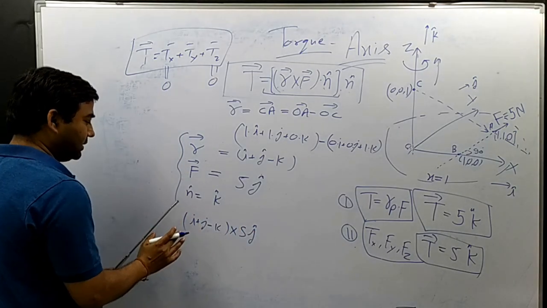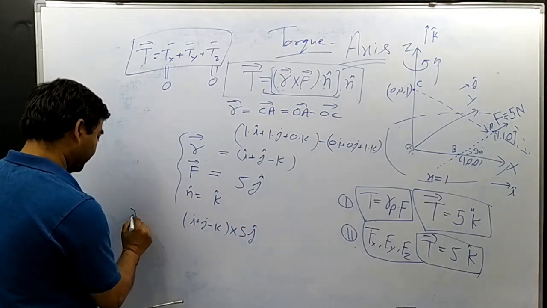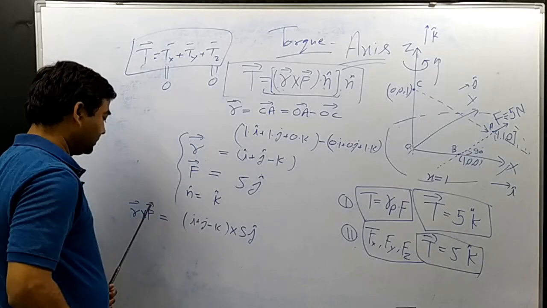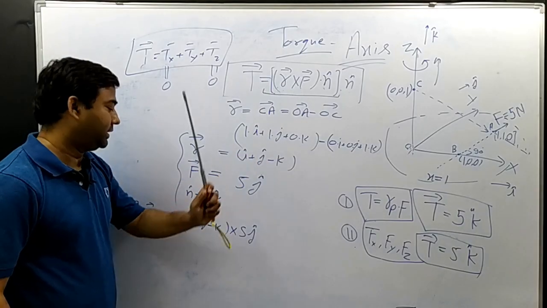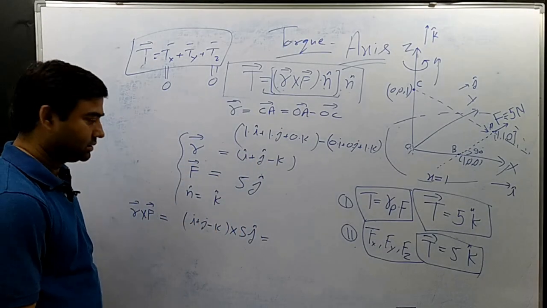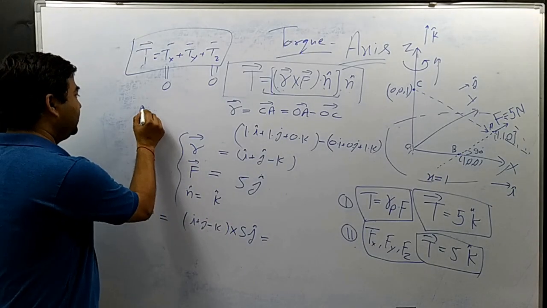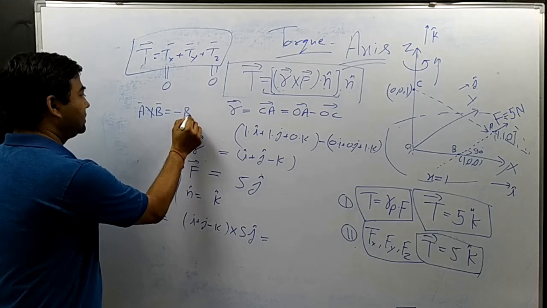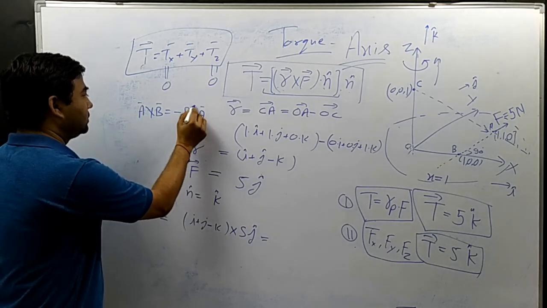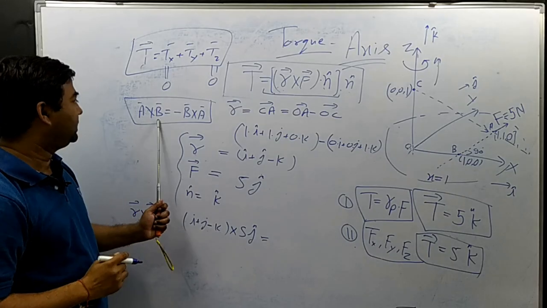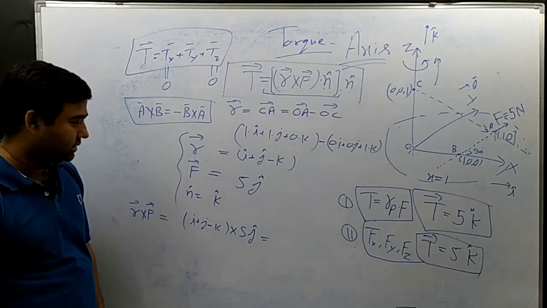So we are first finding r cross F. This term we are finding here. We know a cross b is equal to minus b cross a.